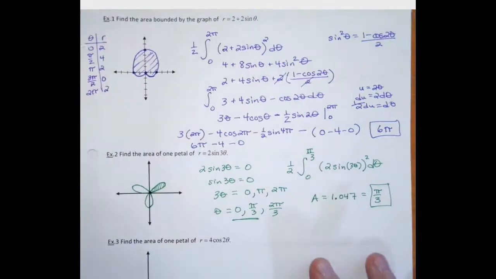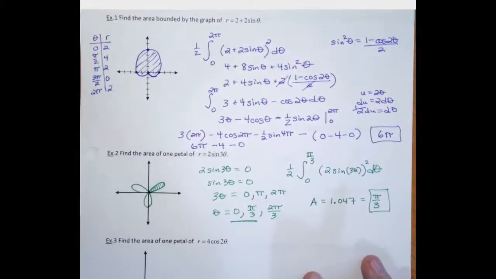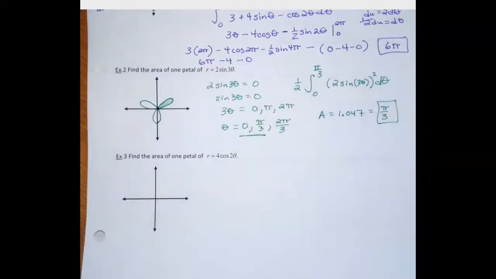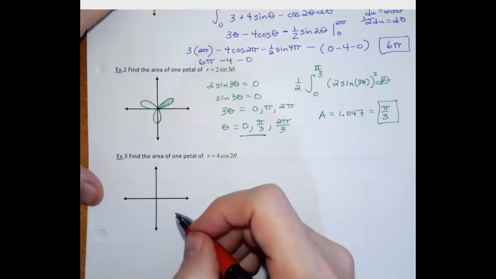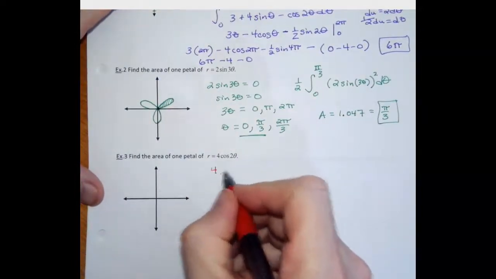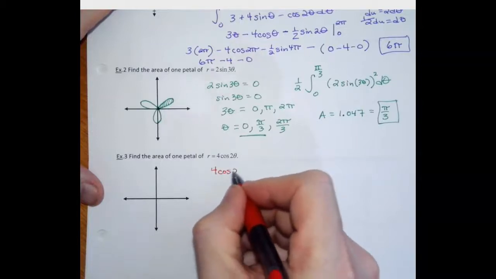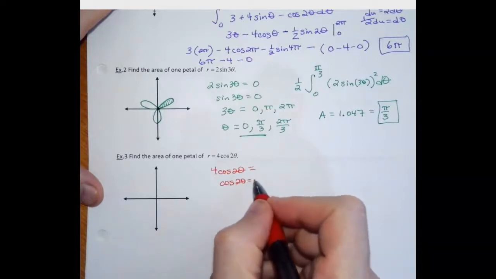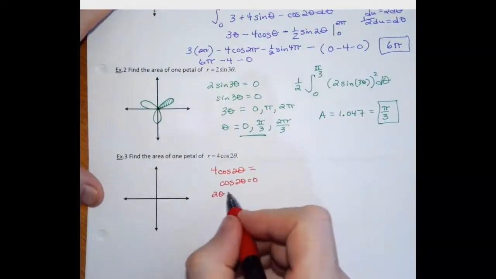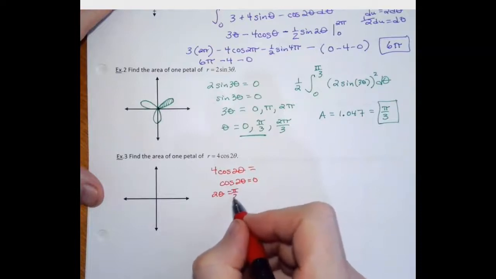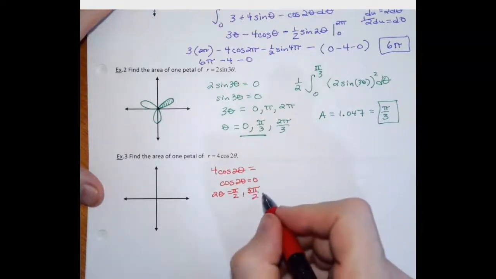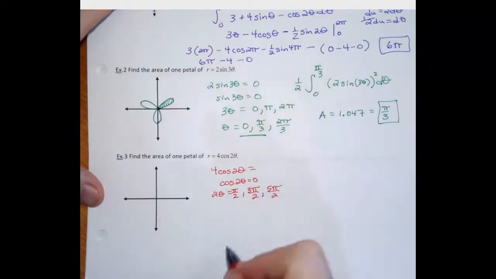Okay. So as we practice for the AP exam, we'll find out how much they ask us to do by hand and how much they ask us to do on our calculators. Okay, so if we do that same kind of thing here and we set 4 cosine 2 theta equals 0, so cosine 2 theta equals 0, cosine equals 0 at pi over 2, and 3 pi over 2, and 5 pi over 2.